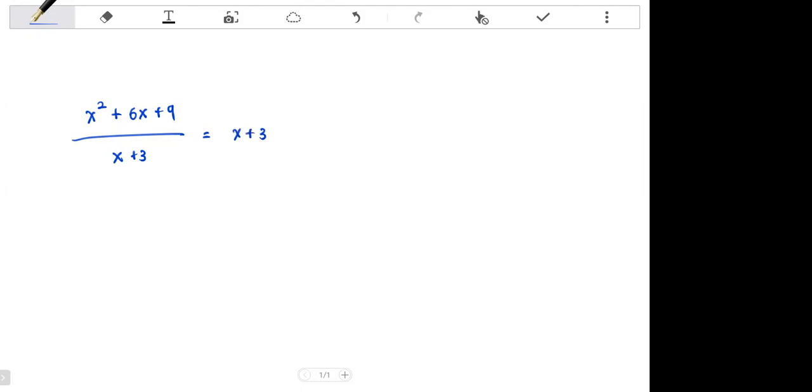That's correct. Let's move on from this section and do the ones with remainders again. Our question is x squared minus 5 over x minus 2.